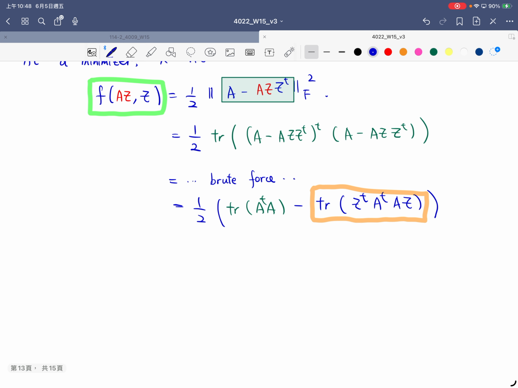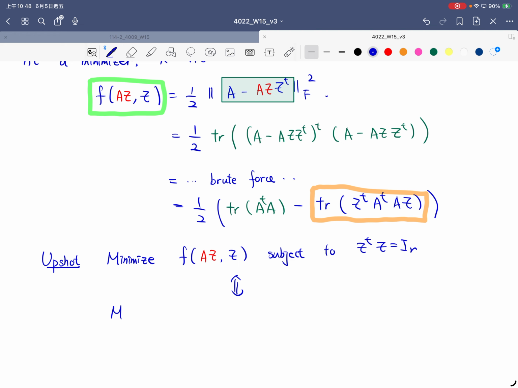So the upshot is that to minimize f of AZ, Z, subject to the constraint, which is Z transpose Z equals identity, it turns out it's equivalent to maximizing the trace of Z transpose A transpose A Z, subject to the same constraint.